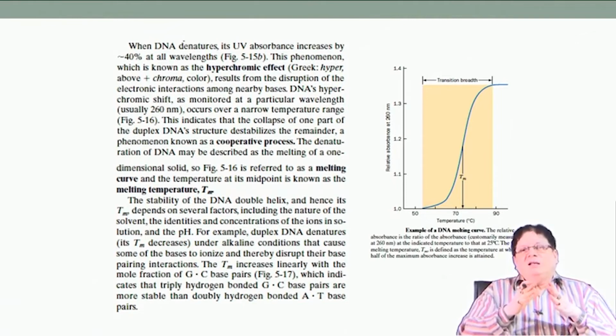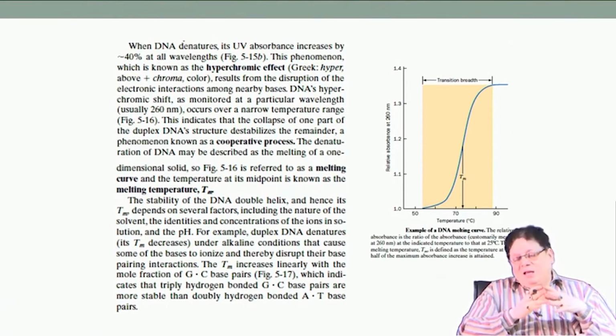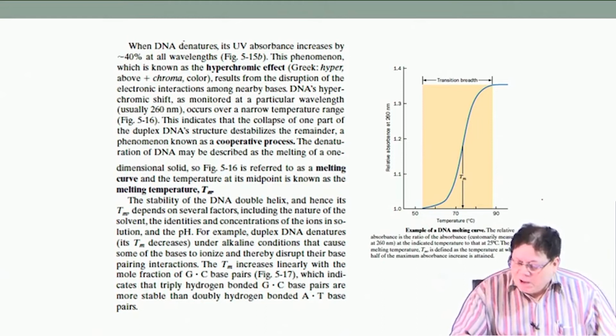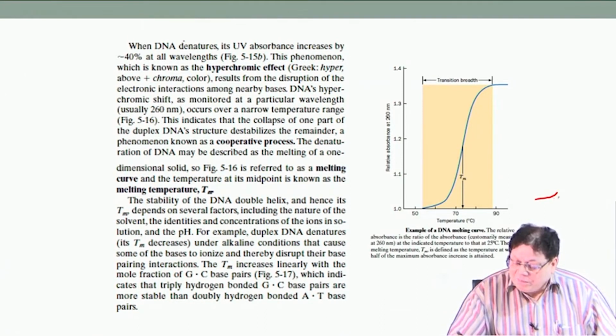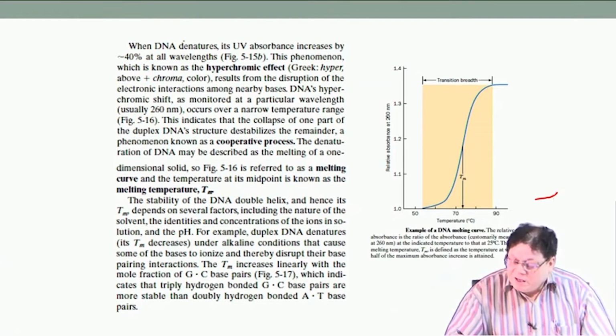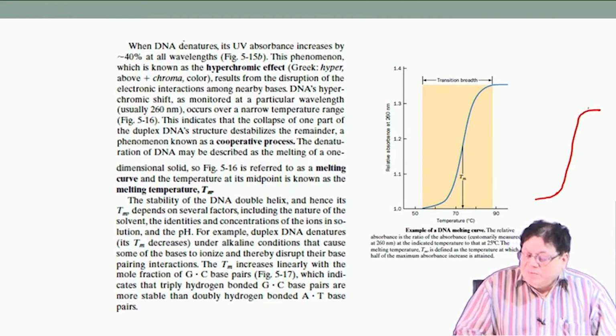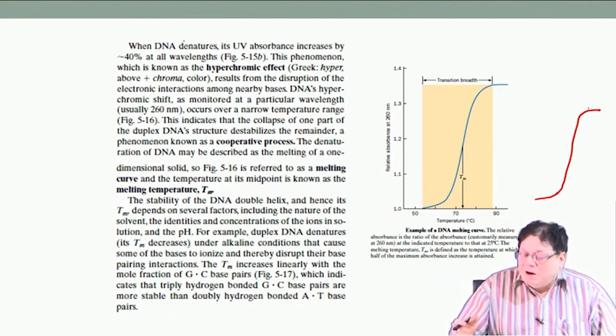Now, you start heating the DNA. You will see that the absorbance initially increases very slowly, not much, and finally, at a certain narrow range of temperature, it just increases and then becomes stationary. So, this will be the absorbance increment curve. Remember, we are measuring the absorbance at different temperatures at 260 nanometer.